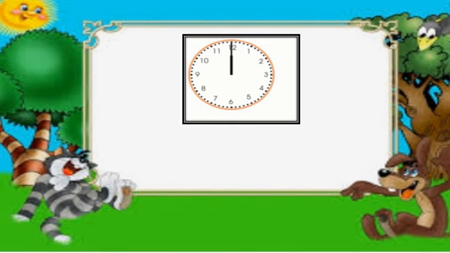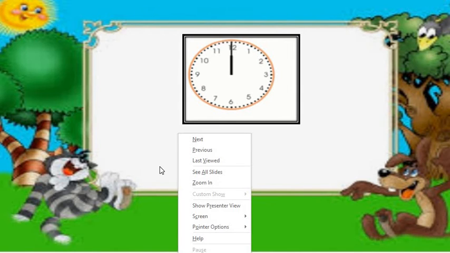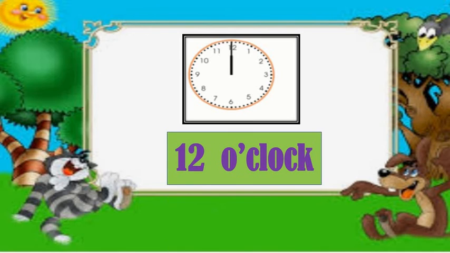Yes, this is the time when you come to school. It's 12 o'clock. Why? See, both hands are together at number 12, which means it is 12 o'clock.